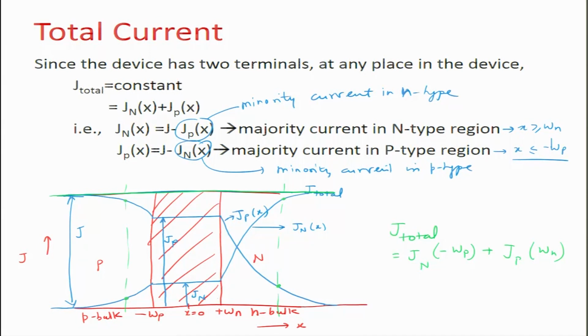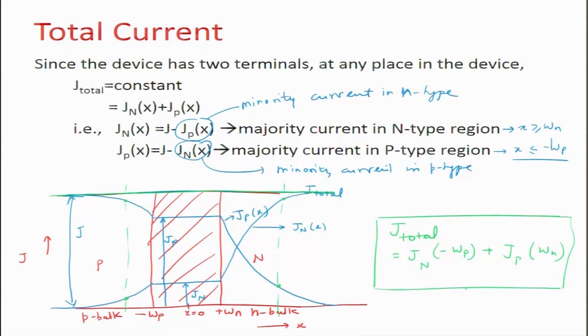Is that a fair assumption? So this is the conclusion from this slide, that J total is equal to Jn at minus Wp plus Jp at Wn. Now instead of calculating these currents at any arbitrary place, I am going to calculate these currents at fixed places, which are the boundaries of the depletion region on both bulk sides, N and P sides. So what is the method that we are going to follow?